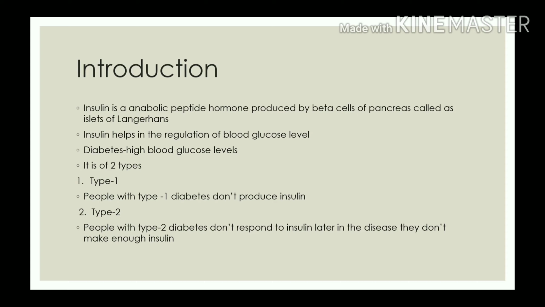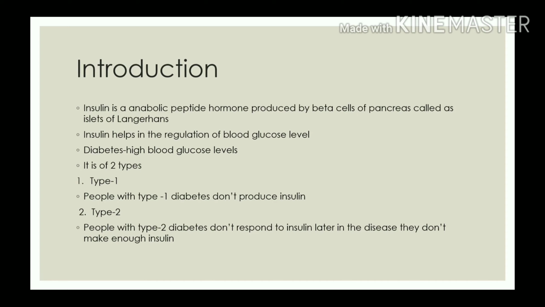So if there is a high blood glucose level, it means it is a diabetic condition. Diabetes is of two types, type 1 and type 2. Type 1, people with type 1 diabetes don't produce insulin. So the blood glucose level is increased in type 1 people because they don't produce insulin.